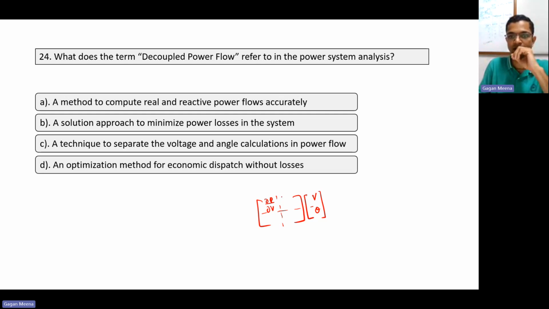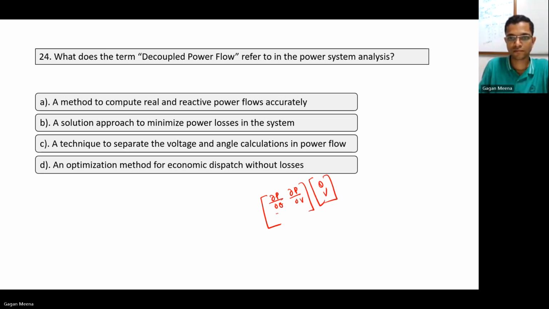Then this is delta P. In decoupled power flow, we say that this dependency is not there.